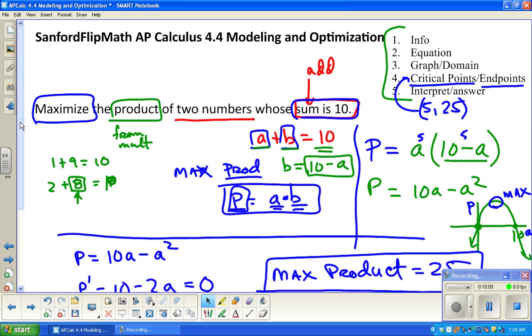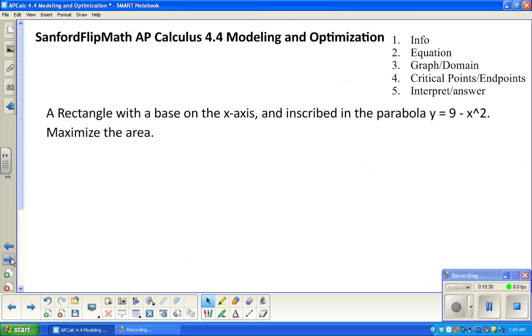Critical points came from where the derivative equaled 0. Did that, solved it, got A equals 5 or x equals 5, and so the only critical point was at 5, 25. Product is 25, and then there are no endpoints, and we answered it. Okay, so that's it for that one.